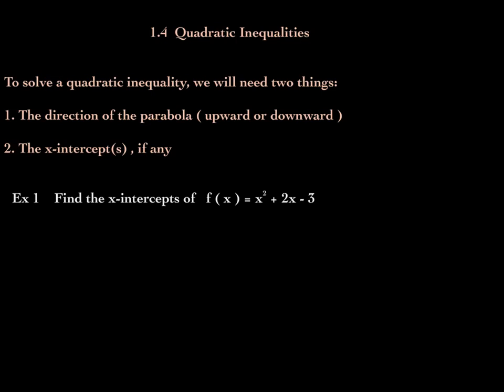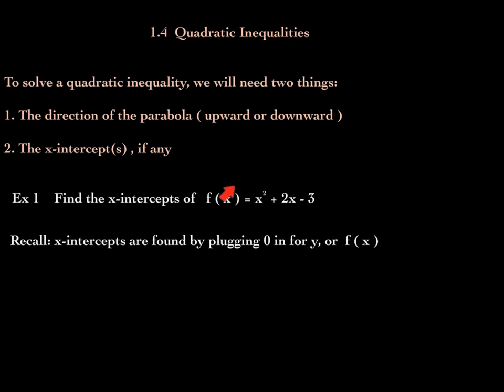All right, everybody, let's practice finding the x-intercepts for this function. f of x is equal to x squared plus 2x minus 3. Now recall that x-intercepts are found by plugging 0 in for y, or f of x. Remember, f of x just represents y. So I'm going to let f of x, all of this notation on the left-hand side, be 0.